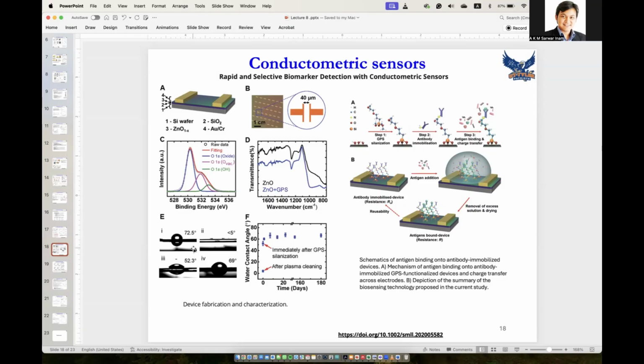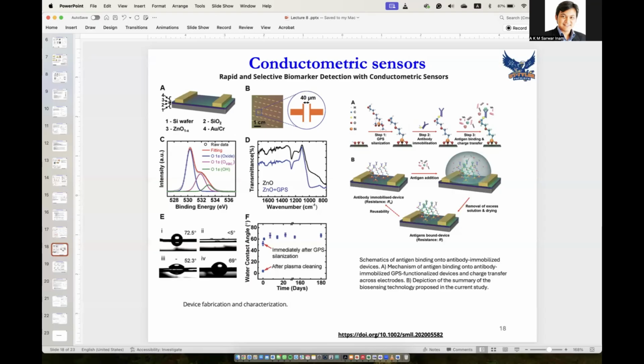You can see here they're measuring the hydrophobicity of the zinc oxide surface. So in this sensor, they're using zinc oxide and also one kind of silane, that is the GPS. And with this zinc oxide and GPS, they are trying to measure these two biomarkers, IL-6 and CRP.